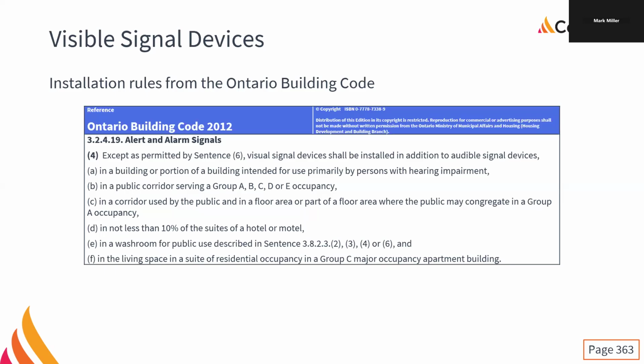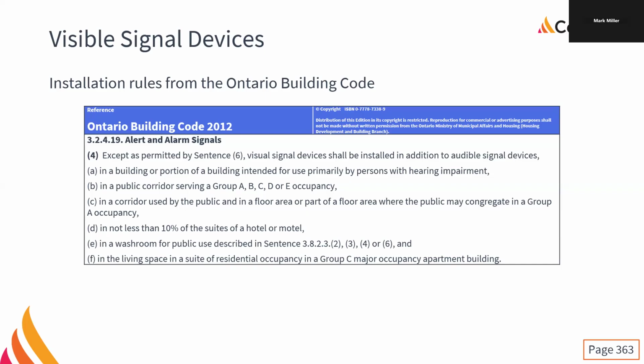Group A occupancy, assembly occupancy. So you think about a banquet hall. In the public corridors, we're going to have strobes. In the banquet hall itself, where we're sitting down to an awards dinner or a wedding or anything like that, that's a floor area or part of a floor area where the public may congregate. They're getting strobes.